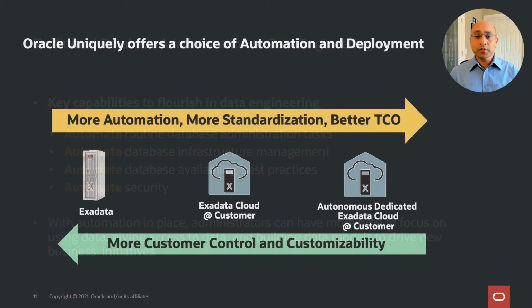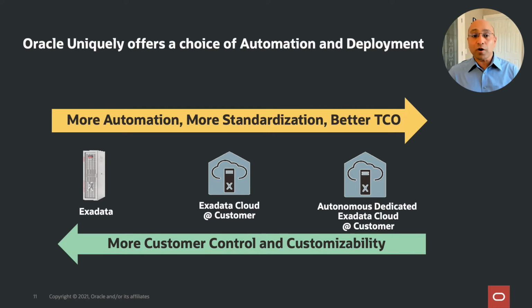And so Oracle uniquely offers a choice of automation and deployment for our customers. As you can see on this slide, starting from the left, of course, this is the on-premise Exadata that many customers use today. In the middle, we have Exadata Cloud Customer, on which this presentation is based. And then on the extreme right, we have autonomous dedicated Exadata Cloud Customer.